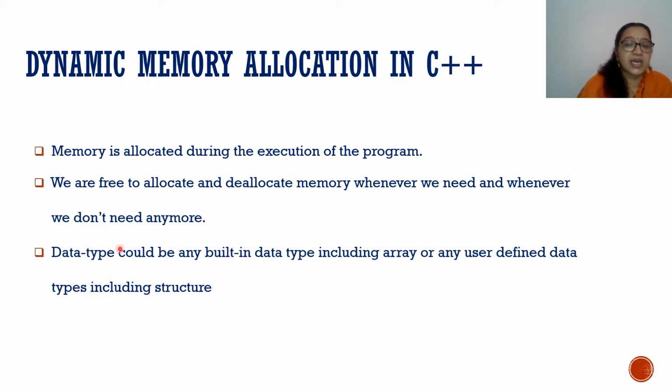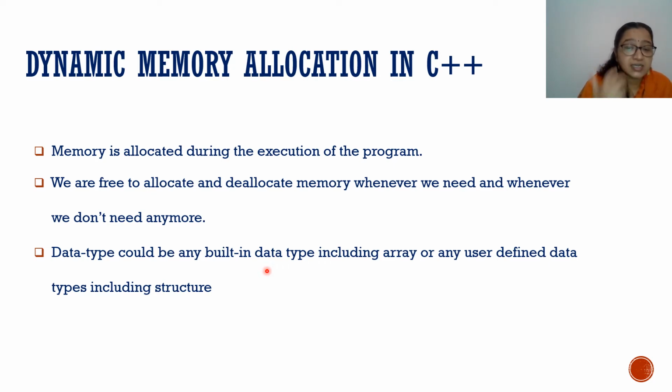See the third point. Data type could be any built-in data type including array, or any user-defined data types including structures. The meaning is, for the pointer we can set any data type. Pointer means it's normally a variable, right? So when you are declaring a variable we need to specify the data type.